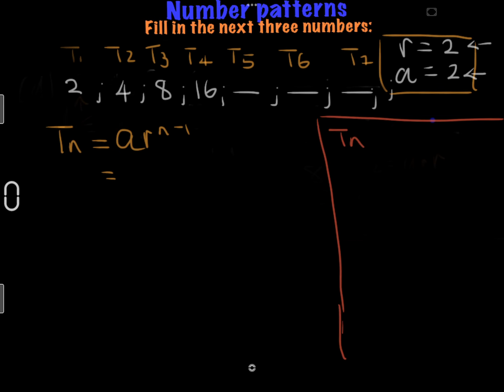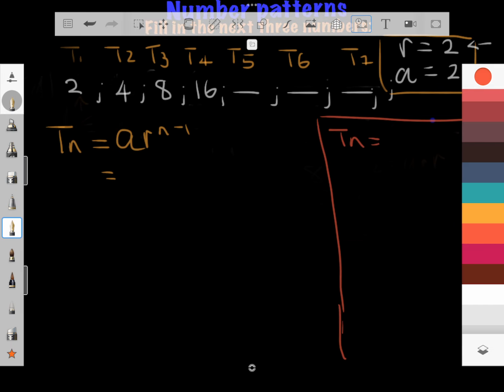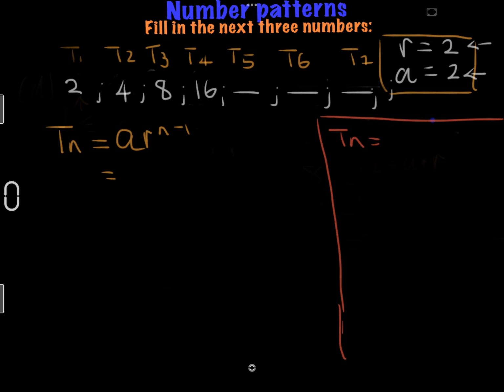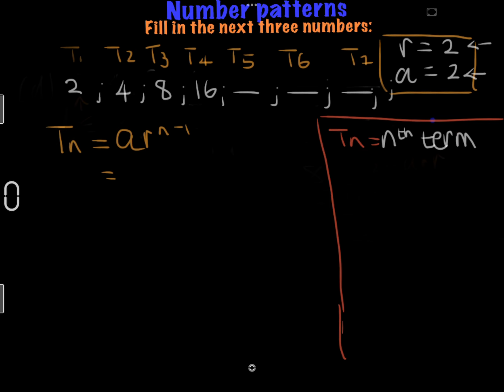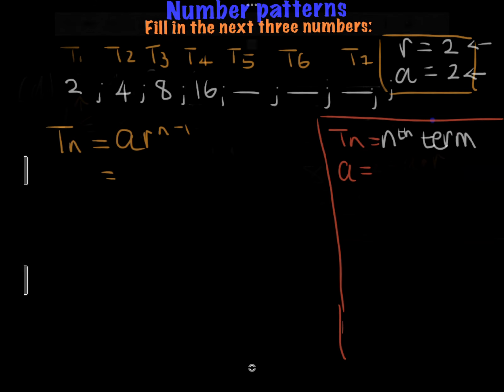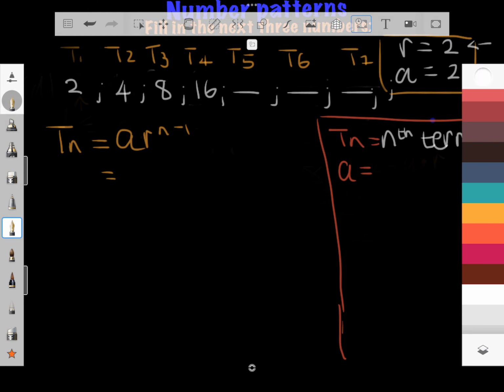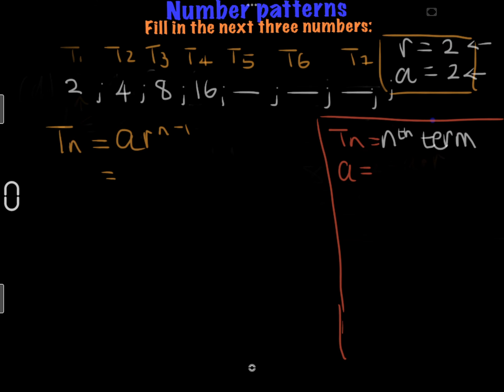Tn means the nth term. A, in this case, is the first term. This is very important to be able to identify. This is our first term.